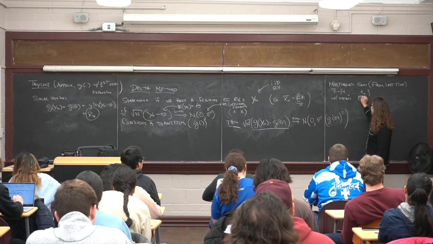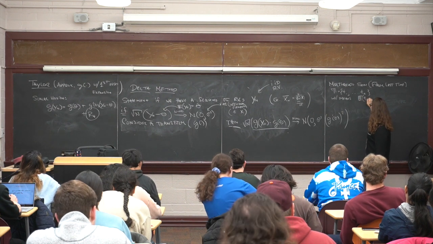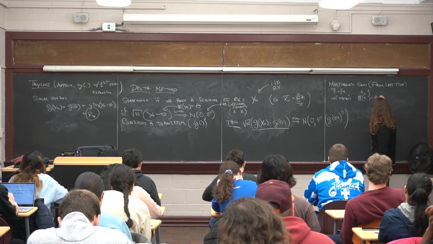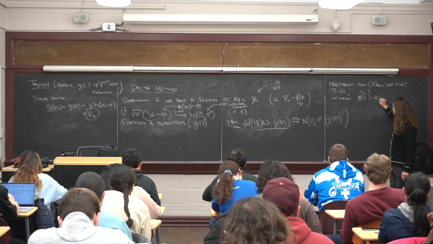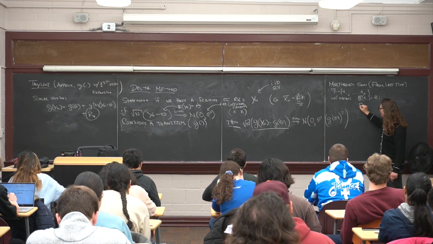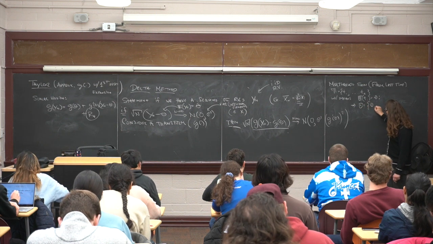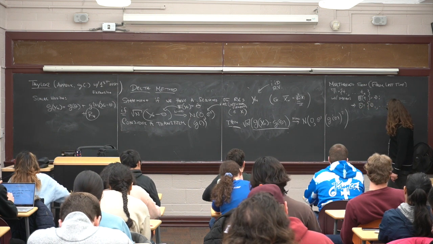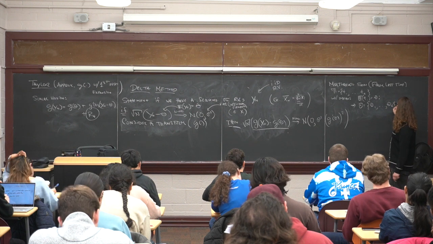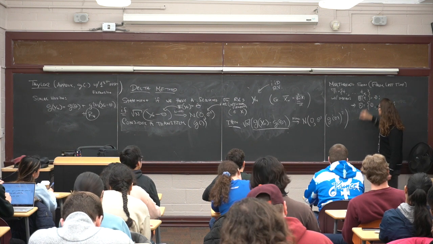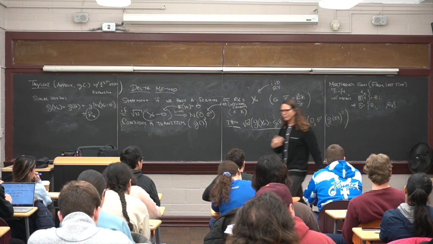I'll say the expectation of each Ti is equal to theta i. And then we can put this into vector notation, theta 1 up to theta k. I guess I was calling this cap K last time. I'll try to be consistent.